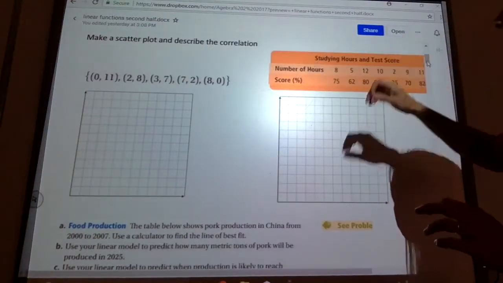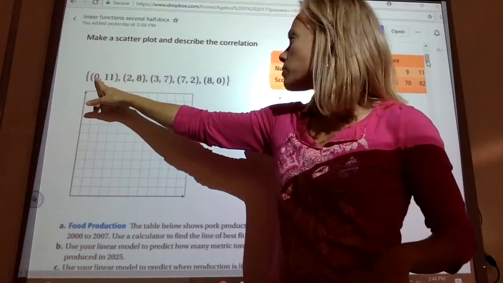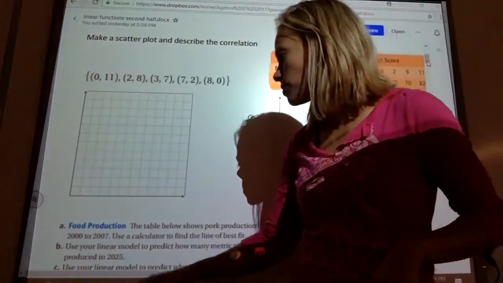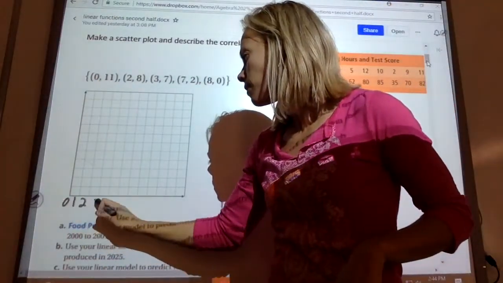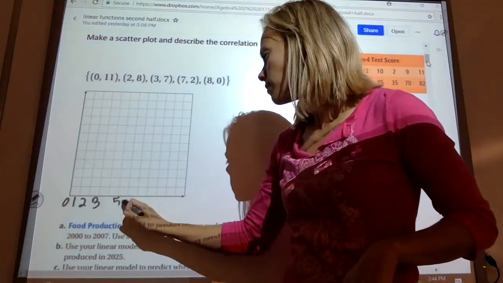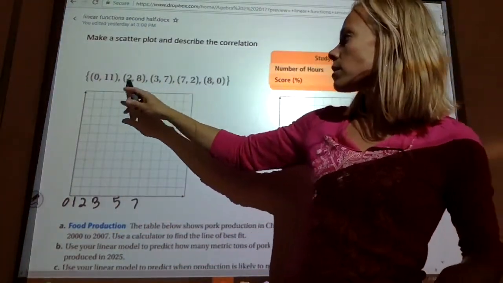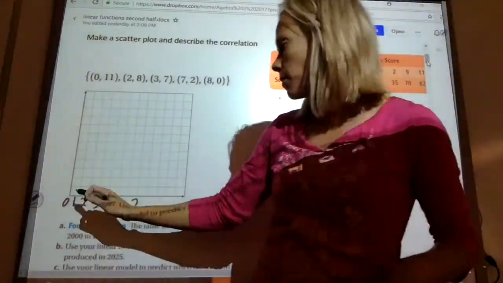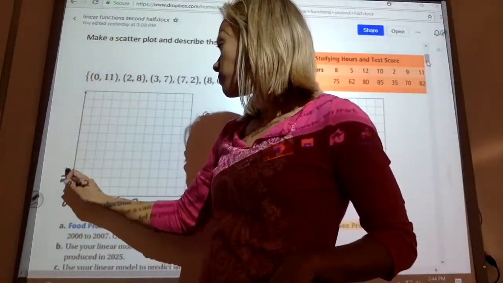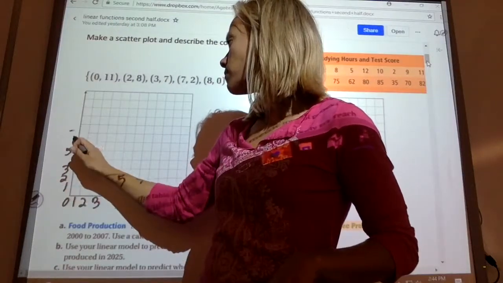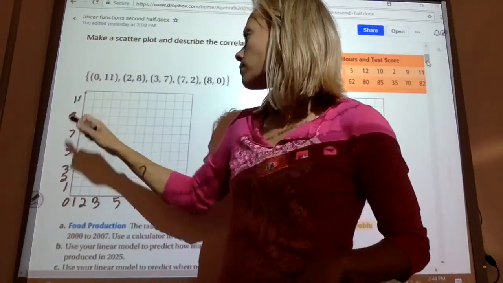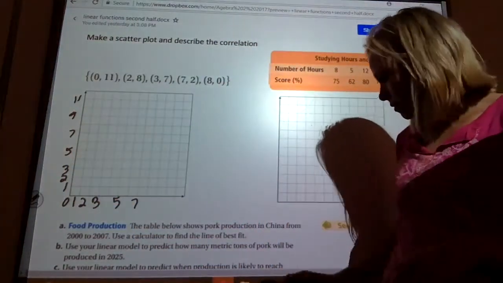So to graph, my domain is going 0 to 8, so I can just count by ones there. And my range is going from 0 to 11, so I can probably count by ones there. And then you graph those points.